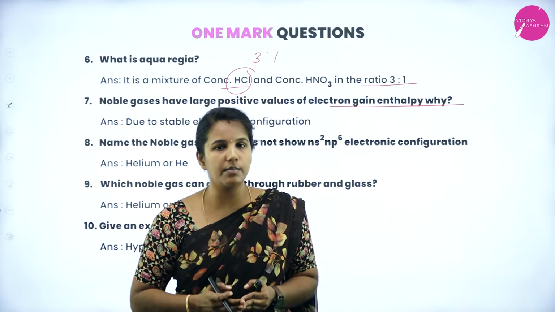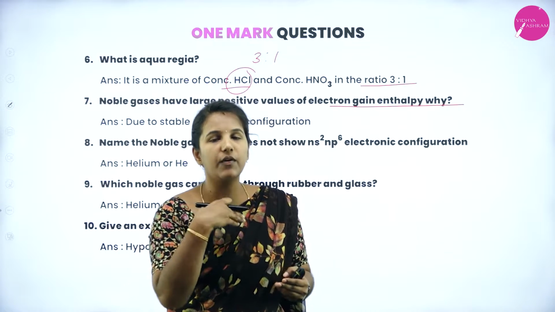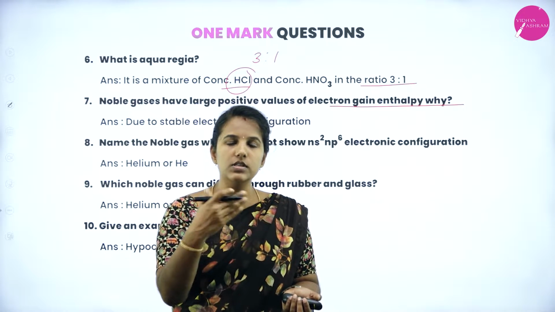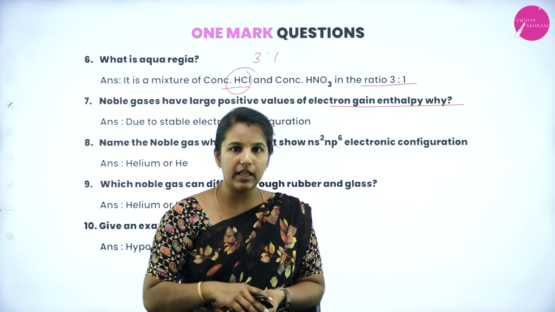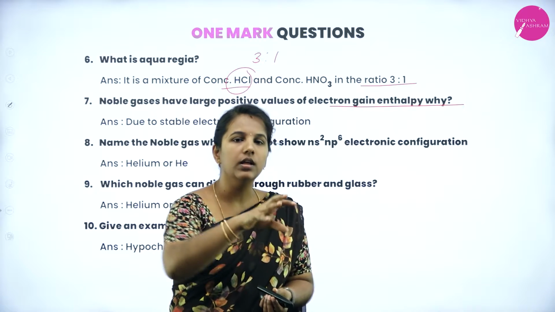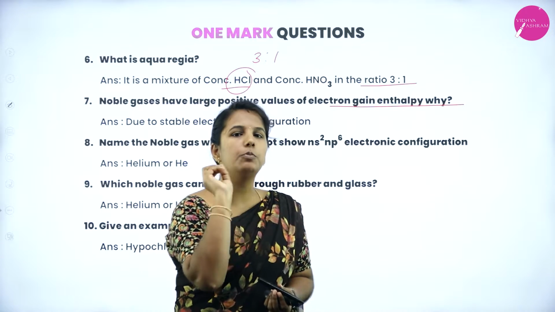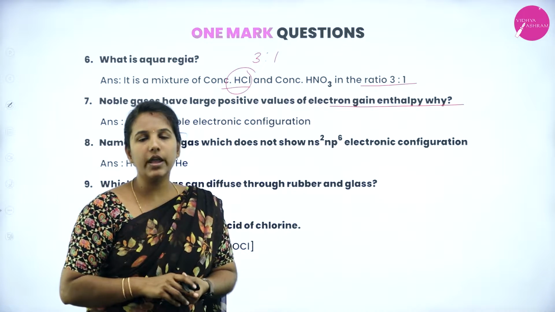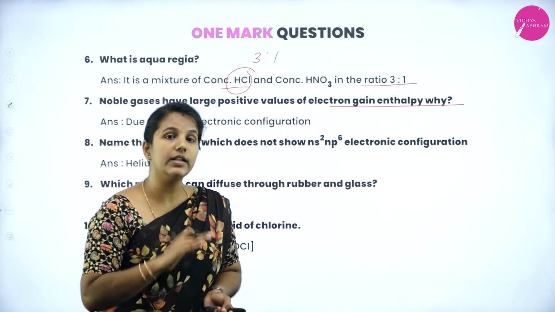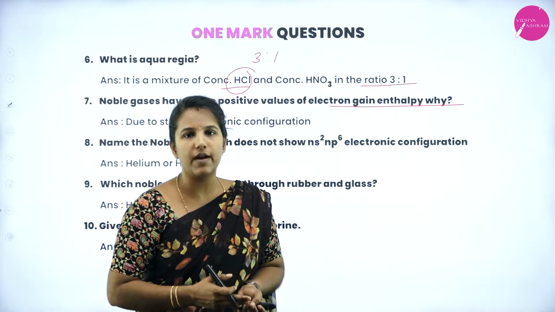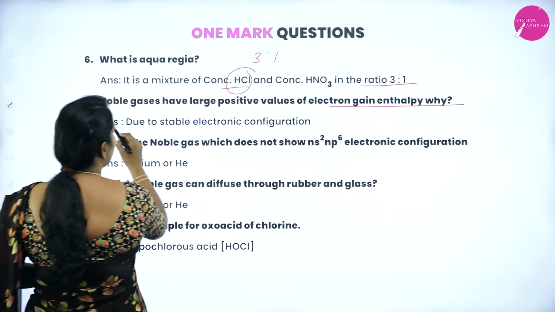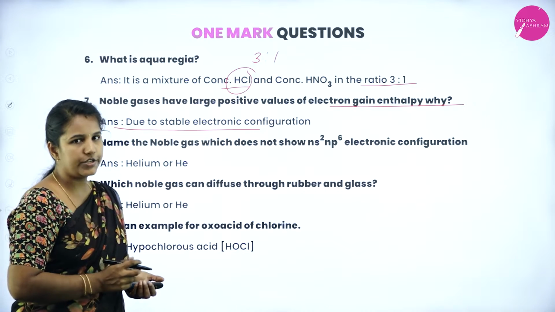They have a satisfied number of electrons. If I forcefully add an electron to group 18, this shows a positive electron gain enthalpy. We have to put in more energy to pull the electron inside the atom of such elements. So that is why, instead of showing negative values, it shows a positive value, because it already has a stable electronic configuration.